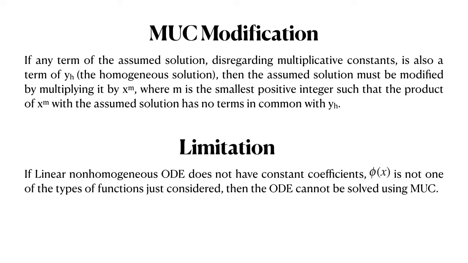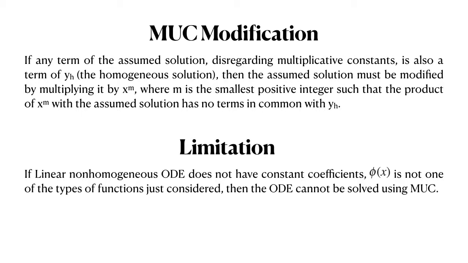So what if our phi of x is not one of those three predetermined functions of x? Okay, so let's say for example na atong linear non-homogeneous ODE would be equal to a rational function or a logarithmic function. No? If the linear non-homogeneous ODE does not have constant coefficients also, then the ODE cannot be solved using method of undetermined coefficients.